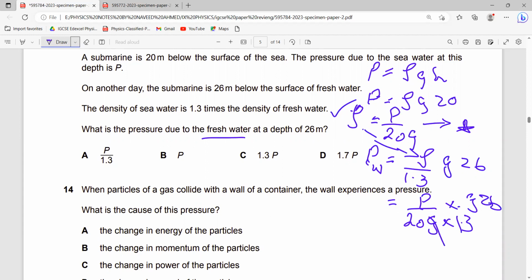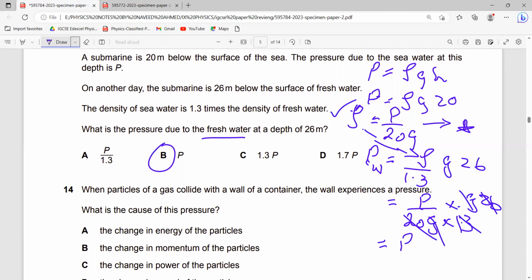So you can see g will cancel out, and 20 into 1.3 and also 26 cancel. So we are left with only P. So here B is the right option.